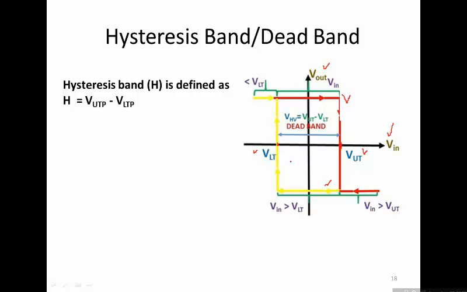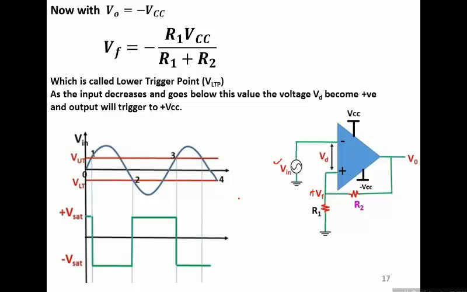So for the inverting comparator or inverting Schmitt trigger, the behavior is such that whenever the input is increased and crosses the upper trigger point, the output becomes negative. It changes state from high level to low level.